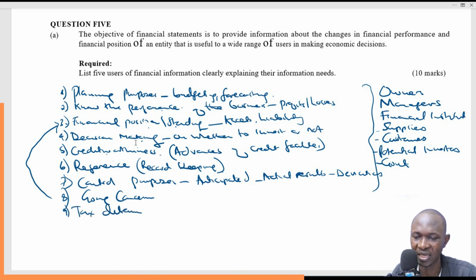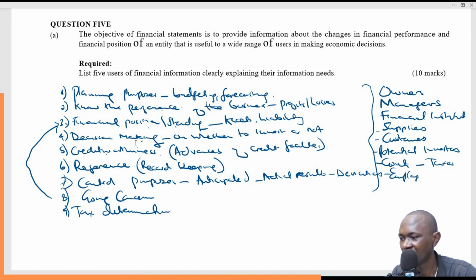The government will want to check the books of accounts to ascertain if the taxes that have been declared are actually correct. So all these are users of financial information, even the employees of the organization, to check on job security. And this is in line with financial position. Is the business stable enough?